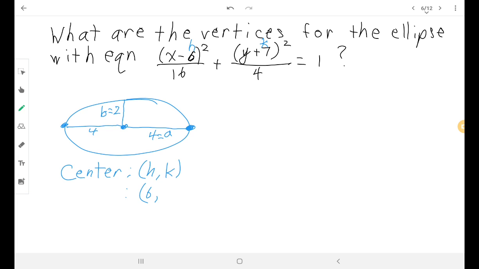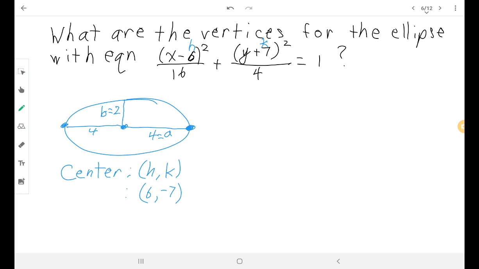So the fact that it's plus 7 here means that we need to be the opposite. That is, we're the opposite of negative 6. We have to be the opposite of plus 7. So that is negative 7. So our center is at 6, negative 7.